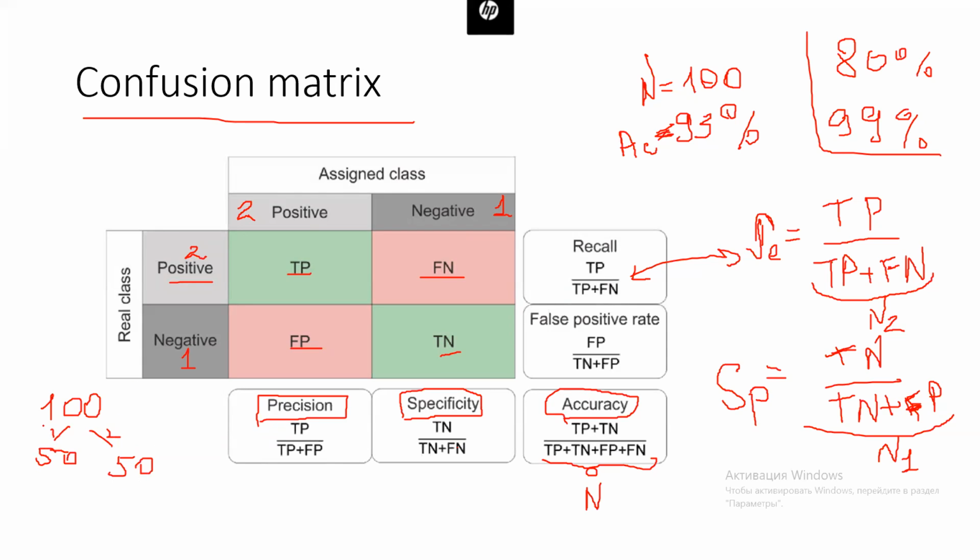From these 50 patients, you have some of them classified as class 1, class 2, class 1, class 2. Sorry for my drawing. Class 1 will be 40, here 10, here 15, and here 35, for example. So it will be our true positive, 35.